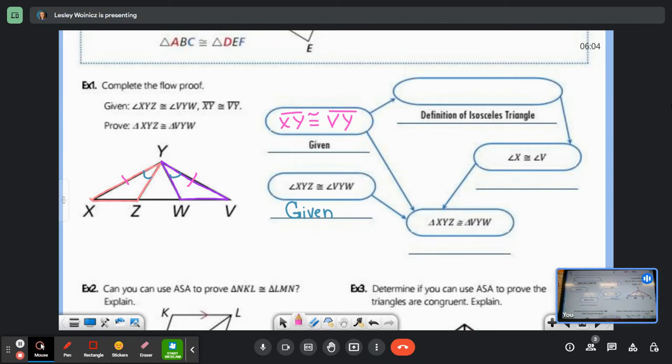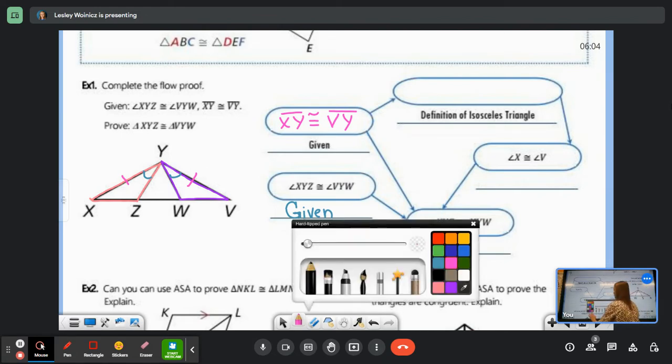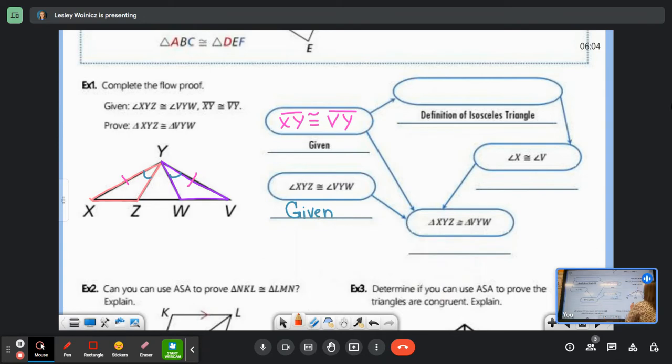Now we learned last week about some special properties of isosceles triangles. If I have two sides congruent, do you see this big triangle, the big one here? If I have these two sides marked congruent on that big triangle, my big triangle XYV is isosceles.